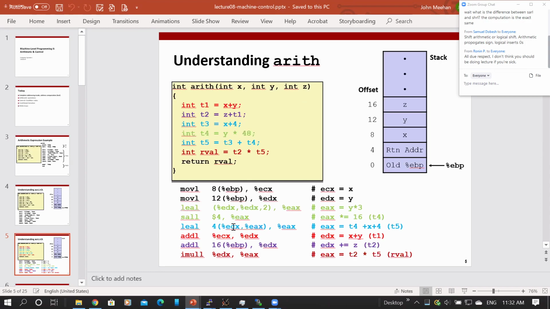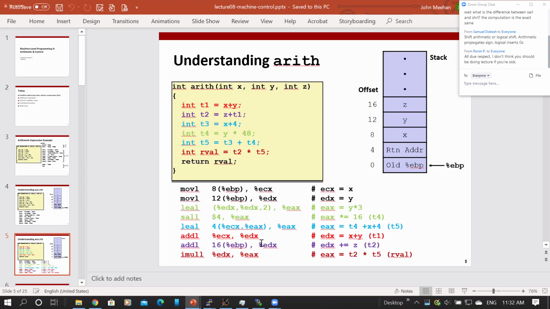And now it's going to say add long word 16 to EBP, right? And put that in EDX. Well, what's in the 16 to EBP gets me the Z, right? 16 back from where the base pointer points gets me the Z variable coming in here, right?